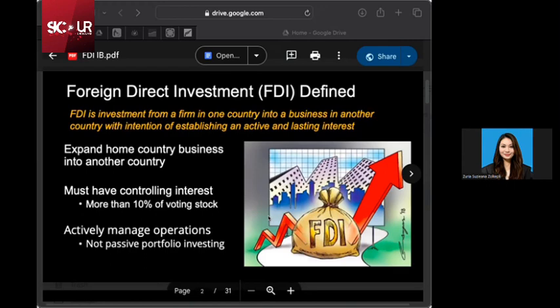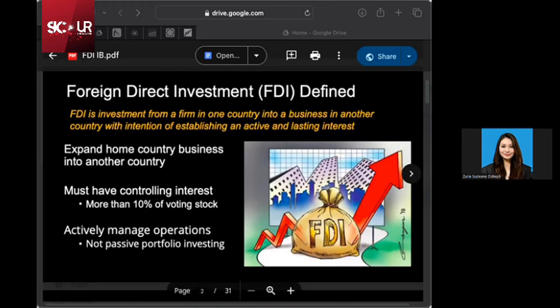So this doesn't mean a passive investment. You have to be active, with an intention for lasting interest. The purpose of FDI is to expand the home country business to another country.